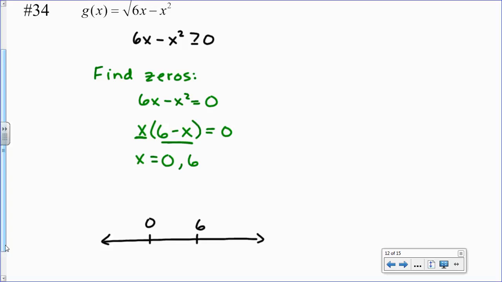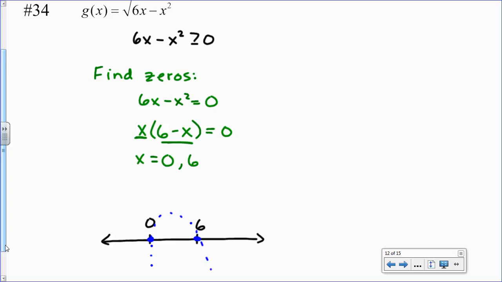And it can be equal to 0, so I know I have closed circles. My leading coefficient is -1. It's the a value, so -1. So this parabola opens down. Okay?